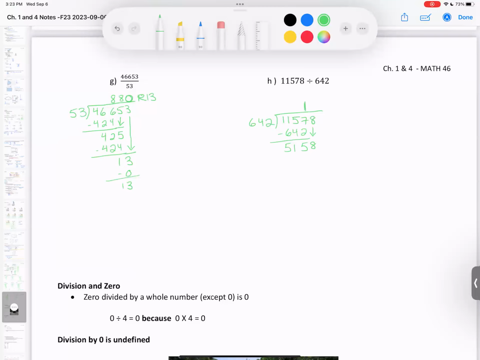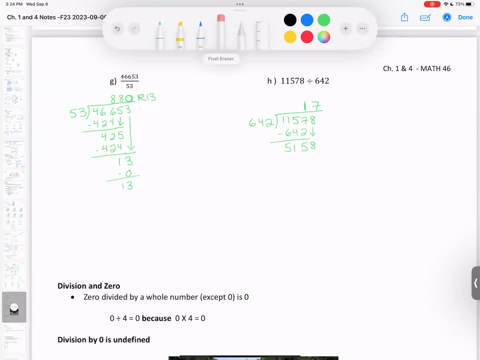Let's do times 7. That's about 4,400. And I can't add another 600. It's almost 4,500. I know I can't go any further, so it's got to be the 7. Okay, if I did the 8, let's just do it for fun. 642 times 8, I would get 5,100. Oh, I can do it.